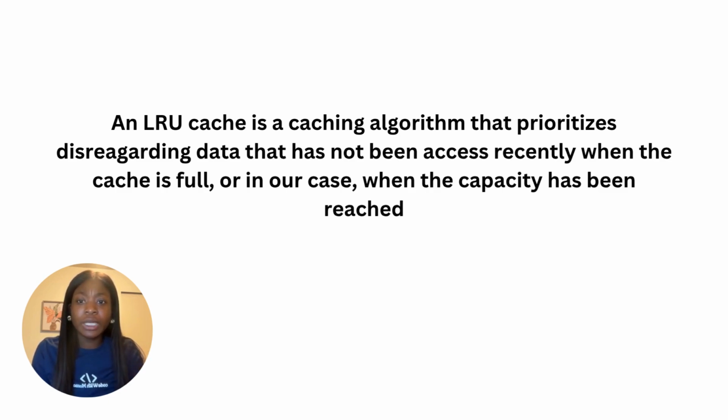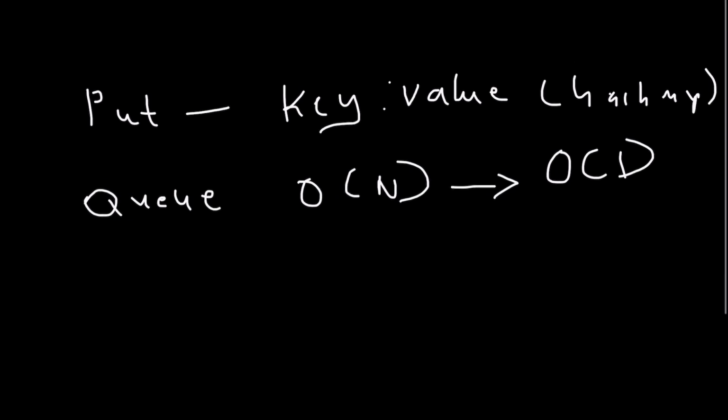So let's say that we are trying to store different values inside our array, for instance, and we don't want values which we are not using frequently to be there, especially if we have a storage limit, if we have a capacity. What we're going to be doing is removing the sets of data, the key value pairs which have not been used recently or which have not been mostly used in our algorithm.